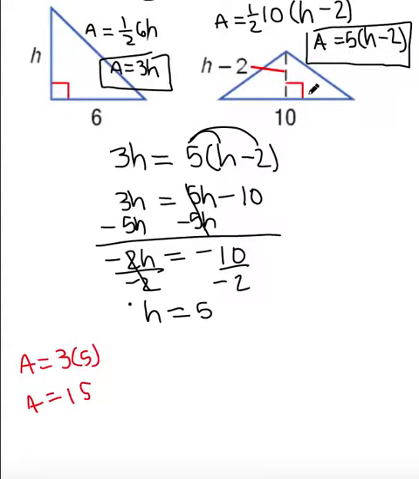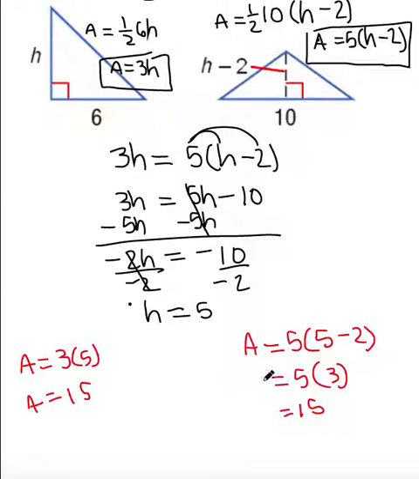And in this case, for this triangle, I'm going to say that area equals 5 times 5 for h here, minus 2. Okay, I need to simplify this. I don't have to distribute because I don't have any variables in here. I can just do 5 minus 2. 5 minus 2 is 3. And 5 times 3 is 15.